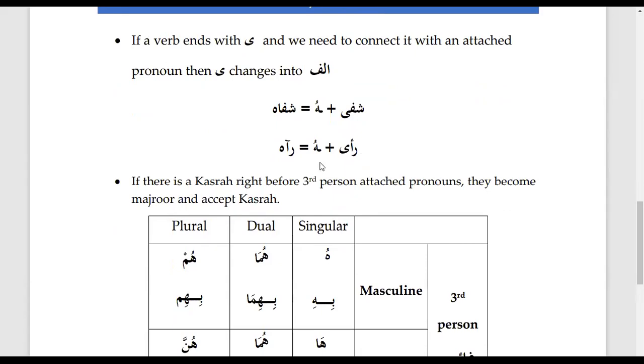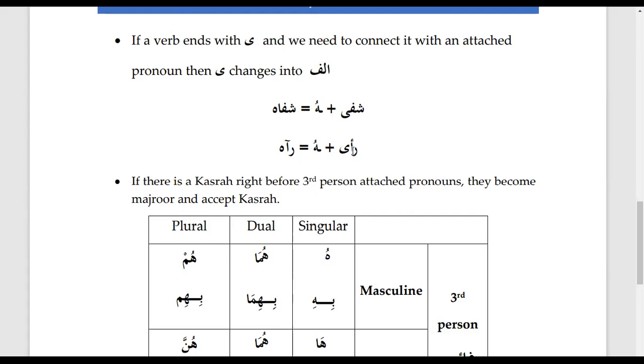Similarly, ra'a plus hu changes into ra'ahu. Now, what happened here? After ra, we have hamza, right? And we have discussed that ya also changes into hamza, or it changes into alif. So when the first hamza is mutaharrik, meaning it has fatha, and after that we have alif, what do we call that?